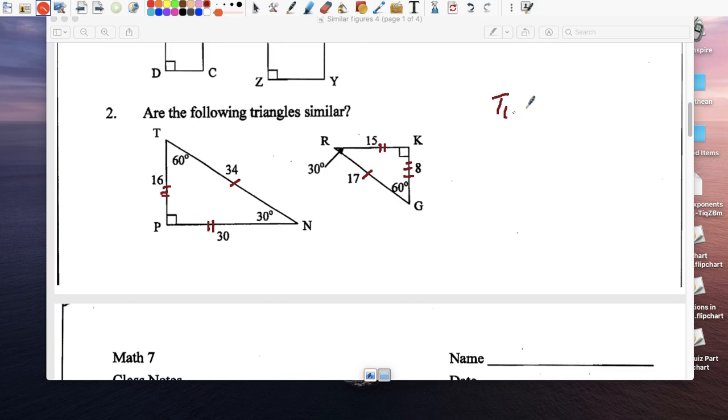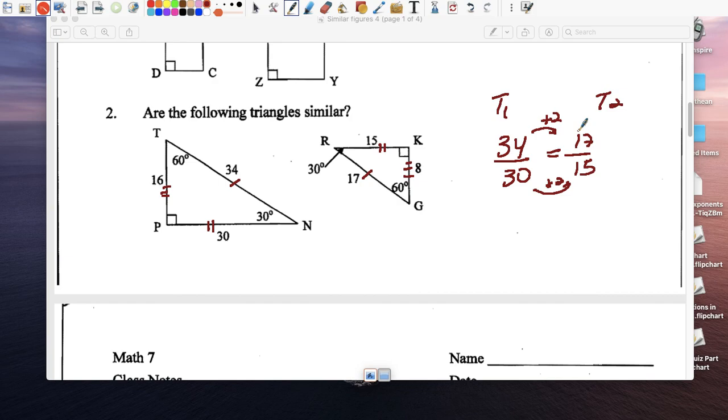So triangle 1, triangle 2. Now that I've identified the corresponding sides, I'm going to take the ratio of 34 to 30. It should be the same as the ratio of 17 to 15. You can obviously tell that it is, because if you divide this by 2, we don't even have to cross multiply. 34 over 30 becomes 17 over 15.